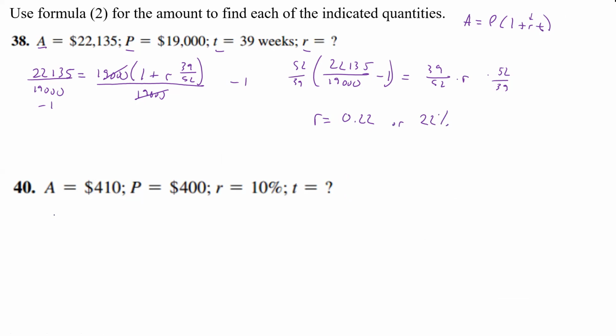Same thing here. We're just going to plug everything in. So we're going to get 410 is equal to 400 times (1 plus 0.1 times T). This time we know R, so it's 0.1, but now we don't know T. Okay. So now let's plug that in with the second method so we don't actually have to solve it. We can do the solving also, but it doesn't really matter since we now know how to use this feature.